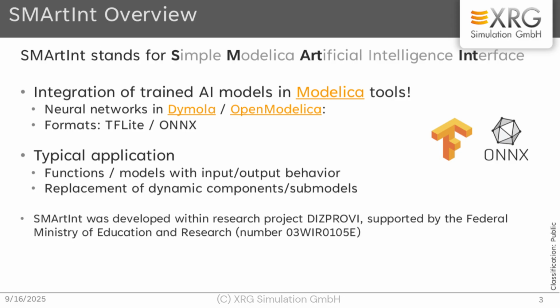What we can use this for is to exchange or substitute some functions or models that have easy input-output behavior, but we are also able to replace more dynamic components and submodels. And as you can see, SMArtInt was partly developed within a research project called SPROGI.